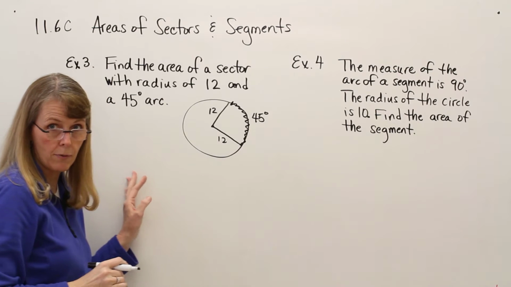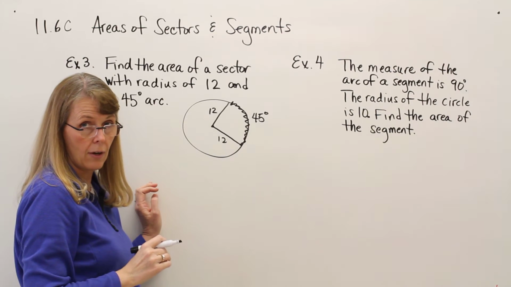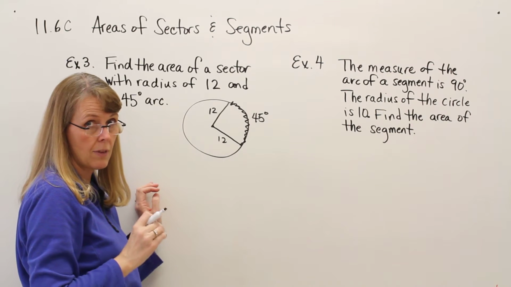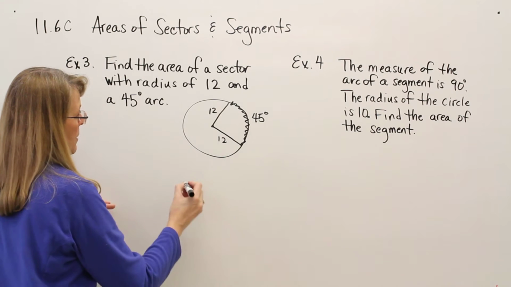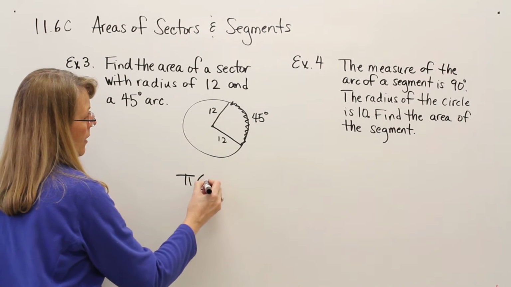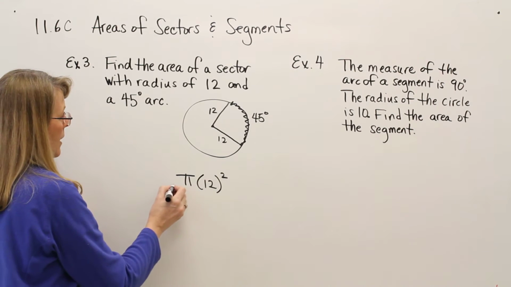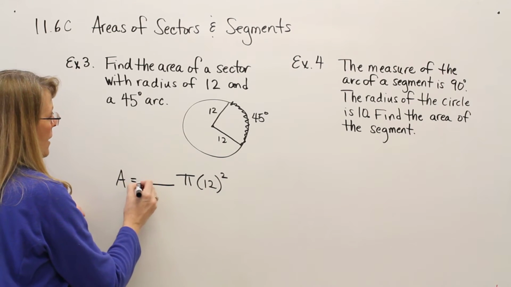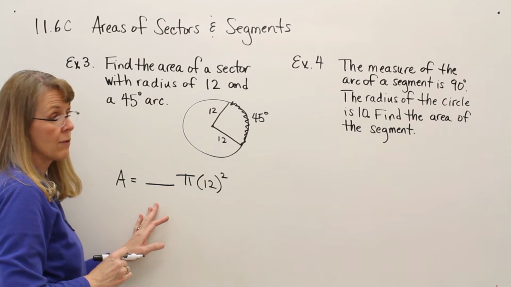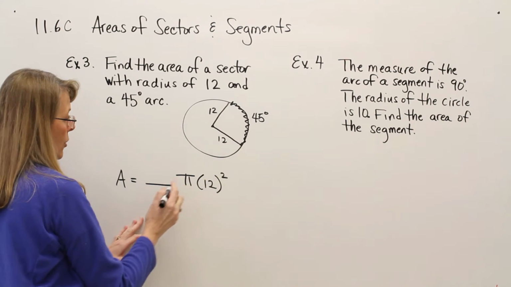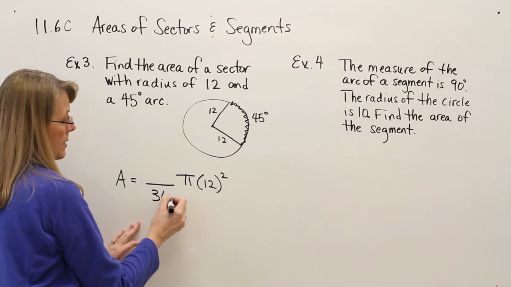If you remember from our formulas, the area of a sector is a fraction of the area of a circle. So I'm going to start by finding the area of the circle, which is pi times radius squared, and then I'm going to work on the fraction. We're going to make the fraction out of the entire circle, which is just the 360.